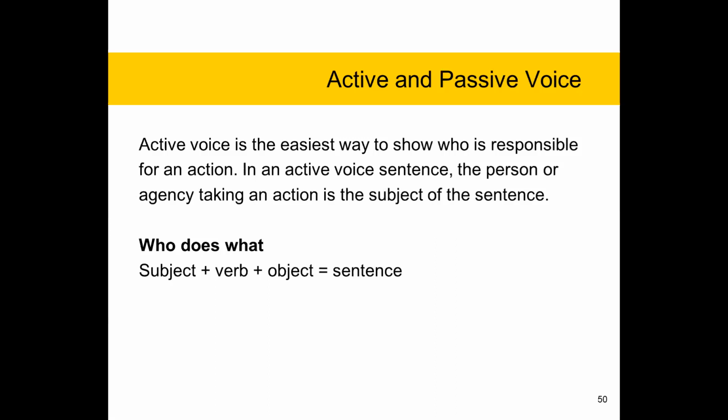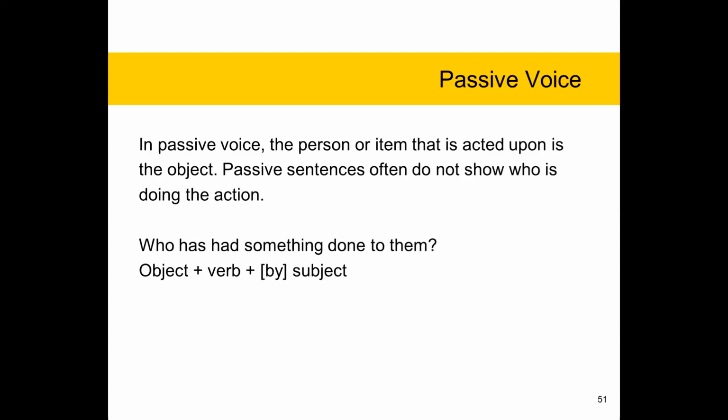Who's doing the action? I am. Who or what is receiving the action? The store. Just to make this a little complicated, let's look at the passive voice construction. In passive voice, the person or item is acted upon. So the store was visited by me.